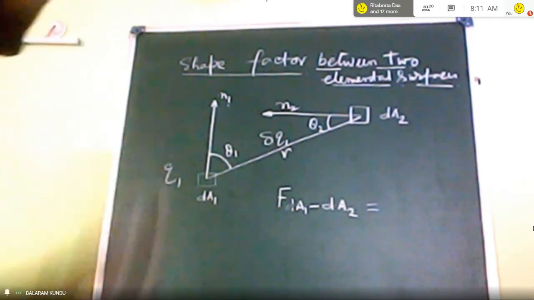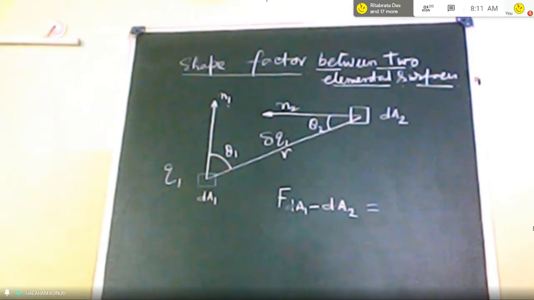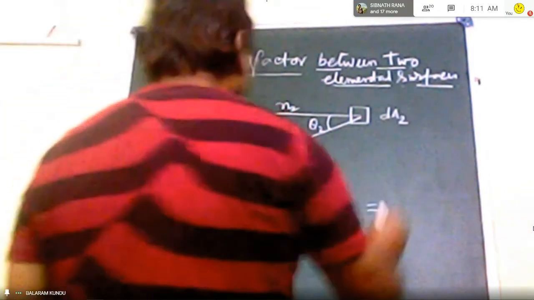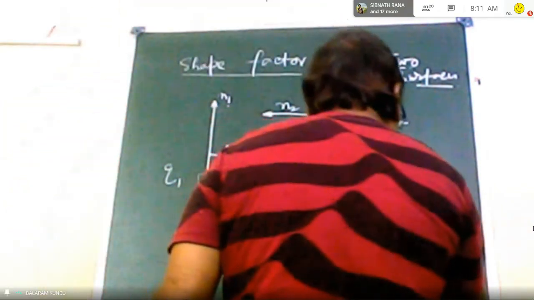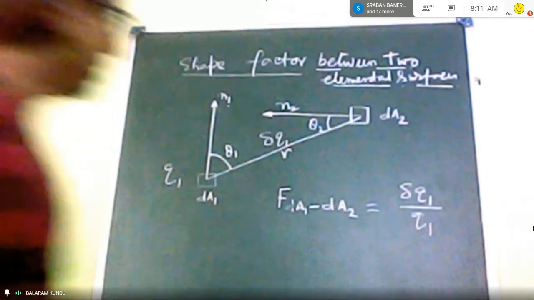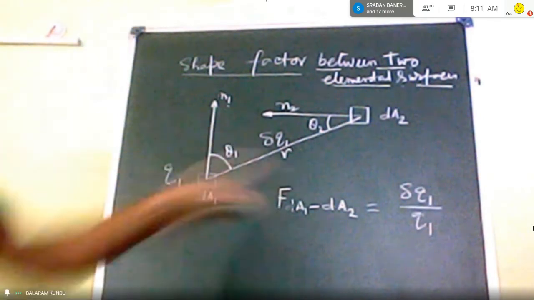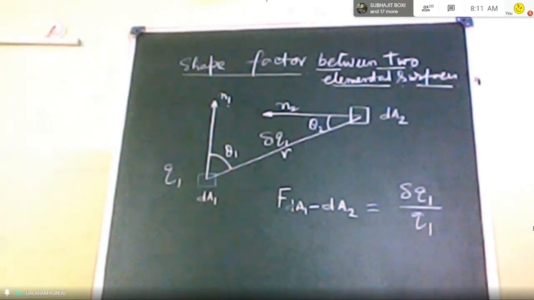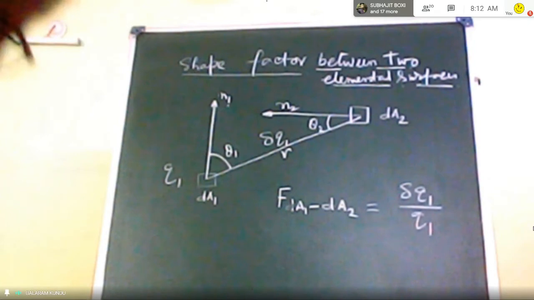Then the shape factor, mathematically we can express it as del Q1 divided by Q1. So del Q1 by Q1, that is the shape factor.